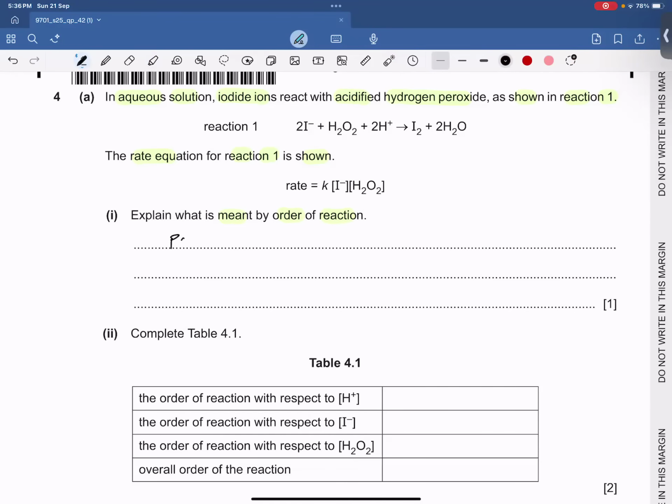The power to which the concentration is raised in the rate equation is called the order of reaction.